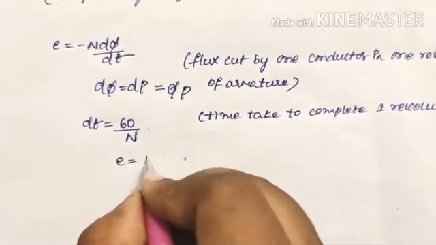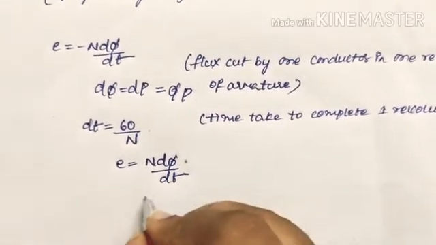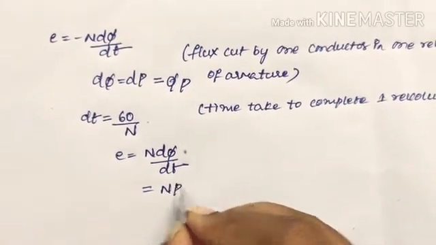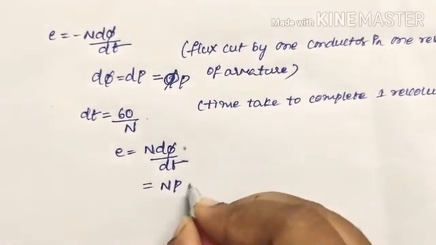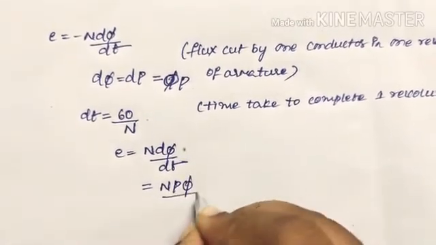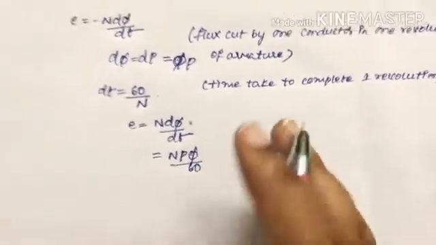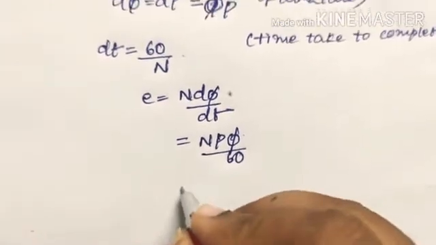And we are going to neglect that negative sign. Now, instead of d phi, what we have written here is phi P by dt, which is 60 by N, so that is N P phi by 60.